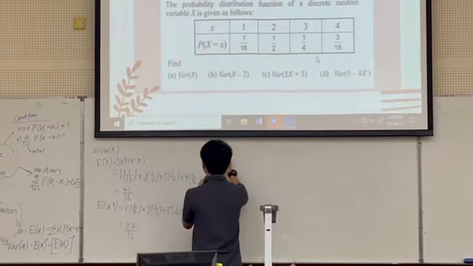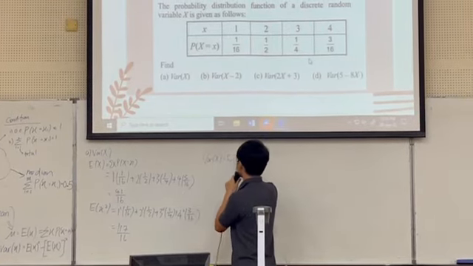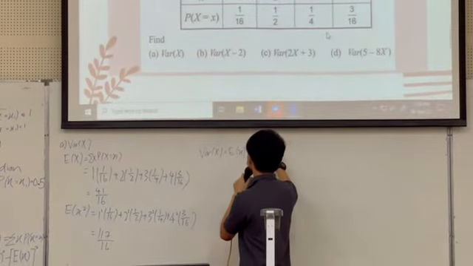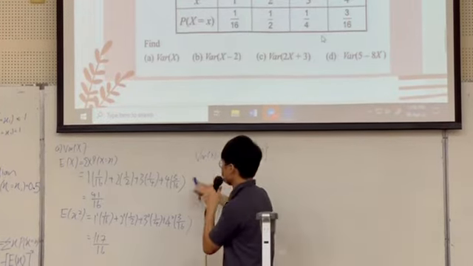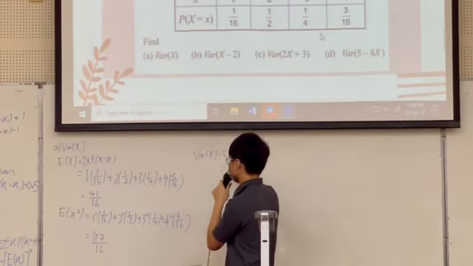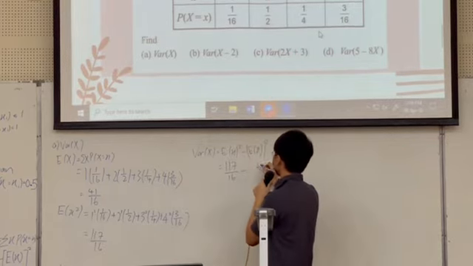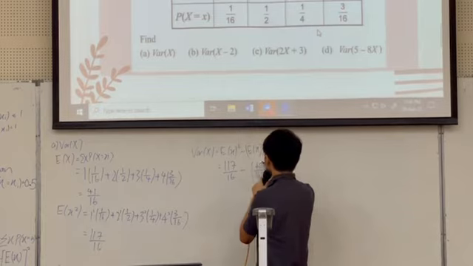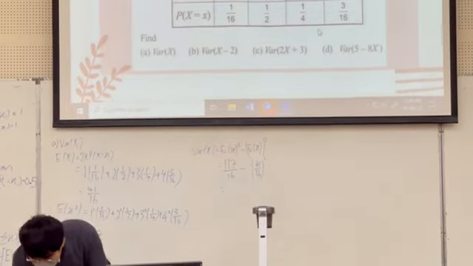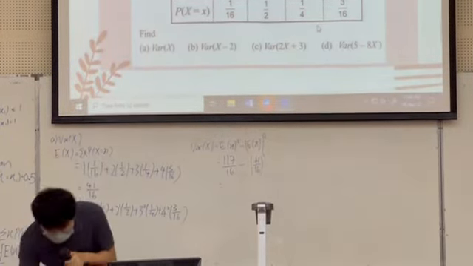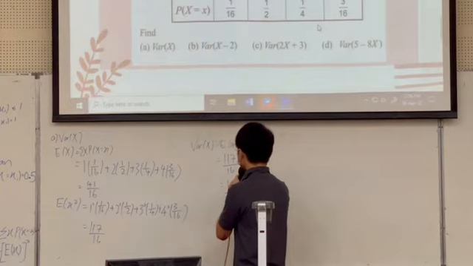So for the variance, we use the variance formula, which is E[X squared] minus E[X] squared. The E[X squared] we got here is 117 over 16, minus 41 over 16 squared, and we will get the answer 191 over 256.